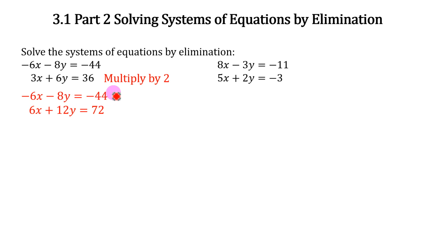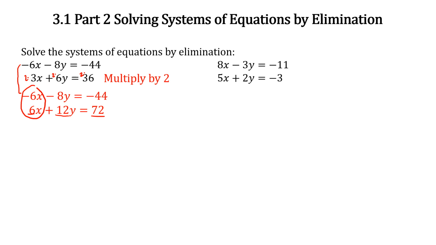My top one stayed the same. But then I multiplied 2 times each term to get +6, +12, 72. And now I can add up because these will cancel out nice and neat for us.